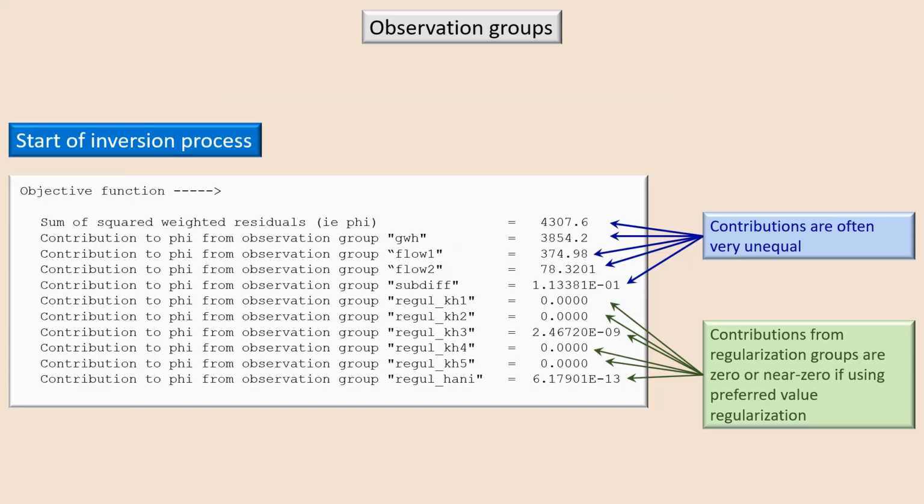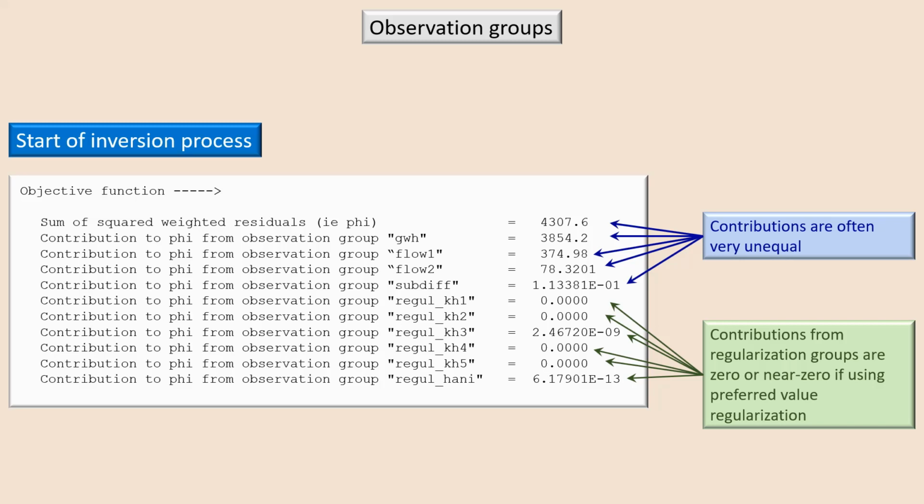Now, at the start of the inversion process, perhaps I've got a situation like this. I've put my initial parameter values into a PEST control file. I've set the NOPTMAX variable, the number of iterations, in the control data section of the PEST control file. I've set NOPTMAX to 0.